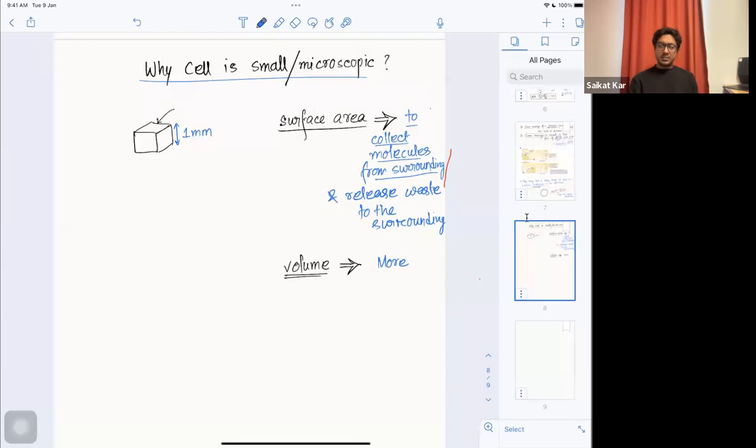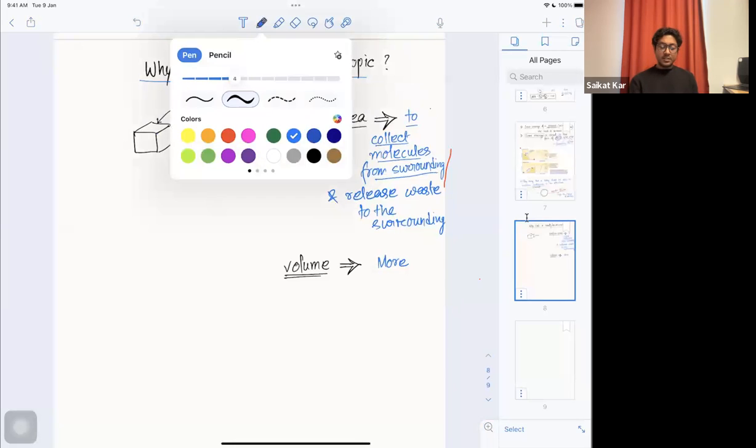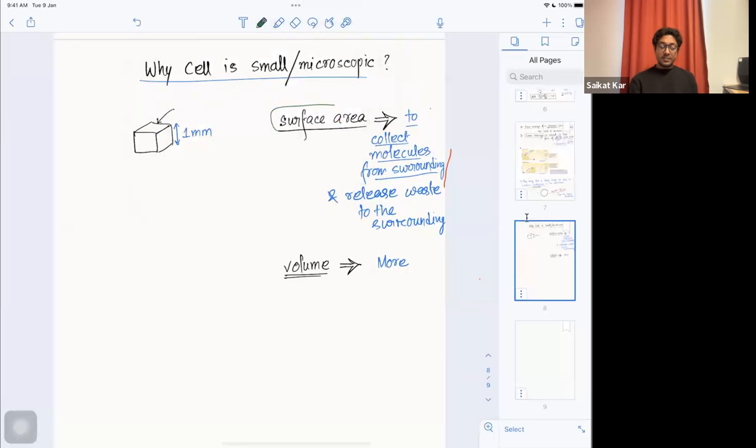I don't know if you're understanding or not. What is the role of surface area? The more the surface area is in a cell, the more molecules the cell can collect from the surrounding and the more waste it can release to the surrounding. So the cell will be more efficient.